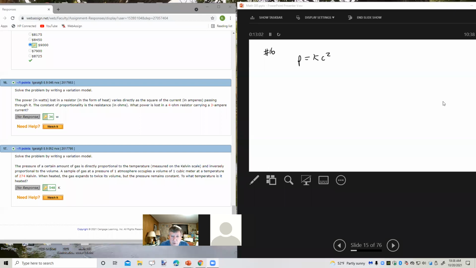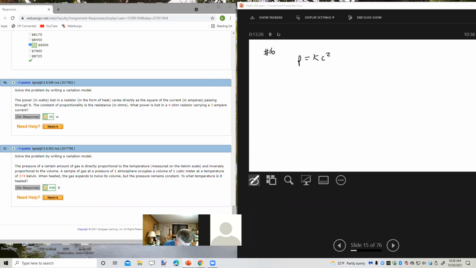Okay. So the problem was my incorrectly identifying that the 4 ohm resistor was K. Kind of tricky there. So P stands for the power lost. K stands for the resistance. Right here it says that. Okay. And let's see, the square of the current.